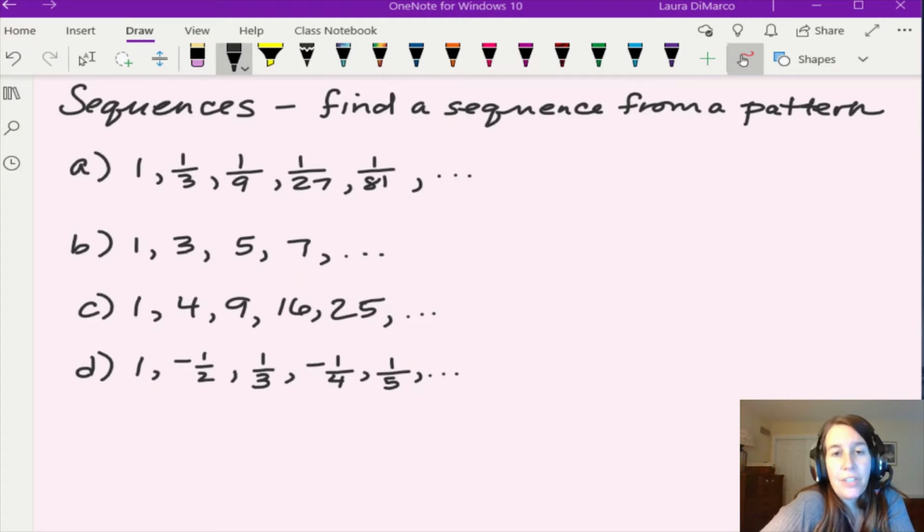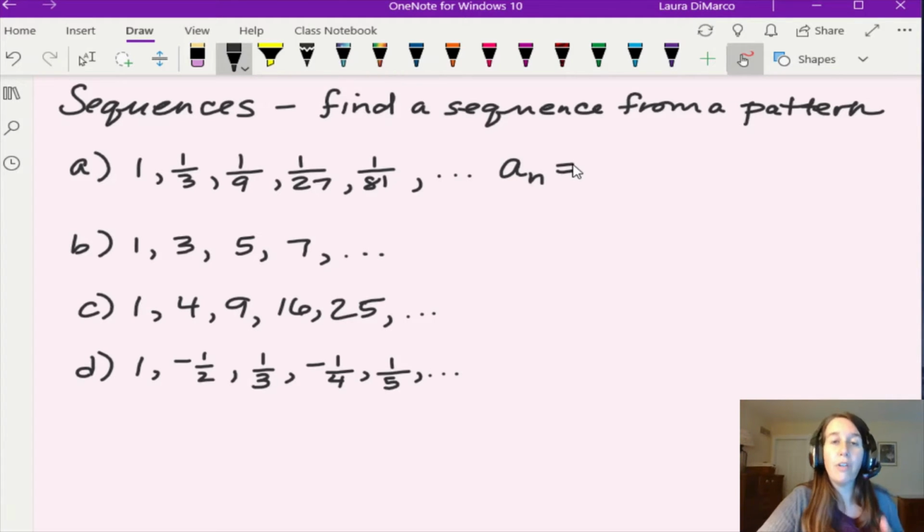Okay, let's now look at some sequences and see if we can write a formula for the nth term based on the pattern that we have going. So this is going to take some thinking and some creativity on our part. So first one is A: 1, 1/3, 1/9, 1/27th. It looks like we're going to want to call this A sub n.